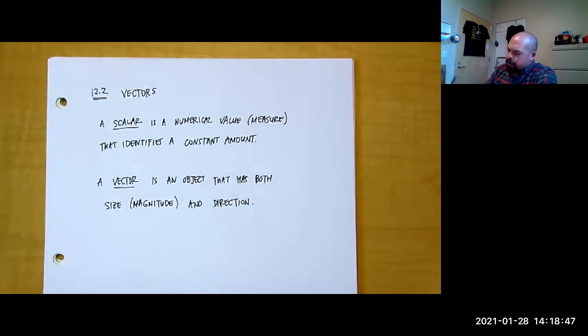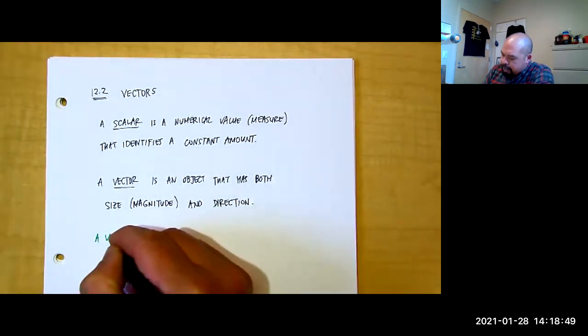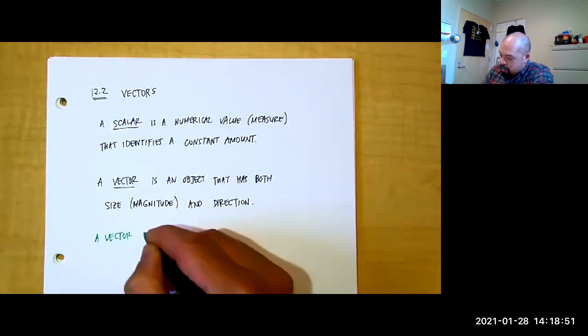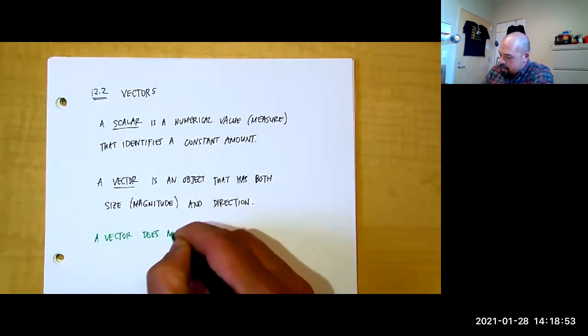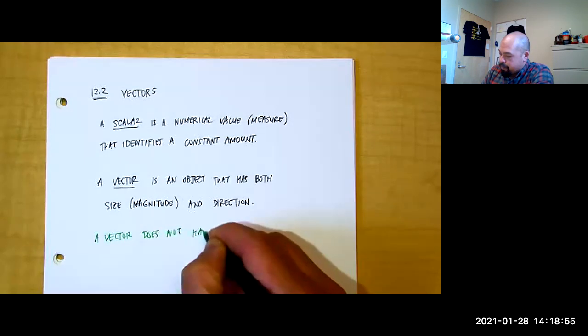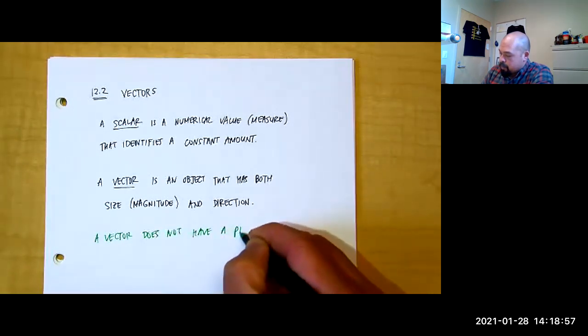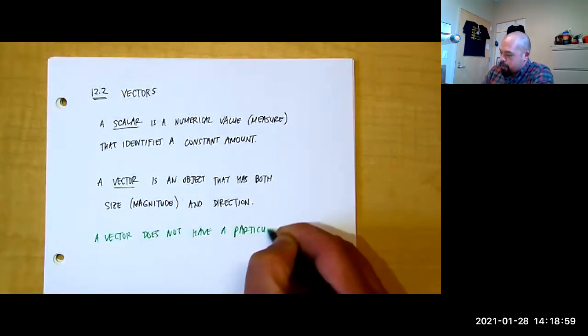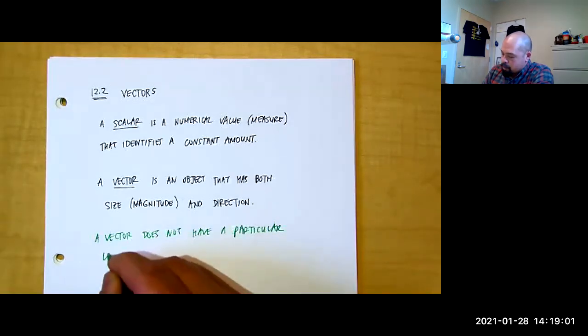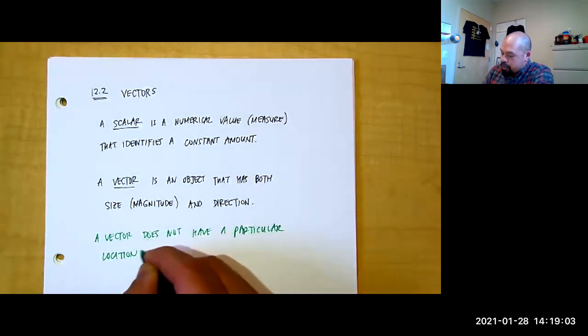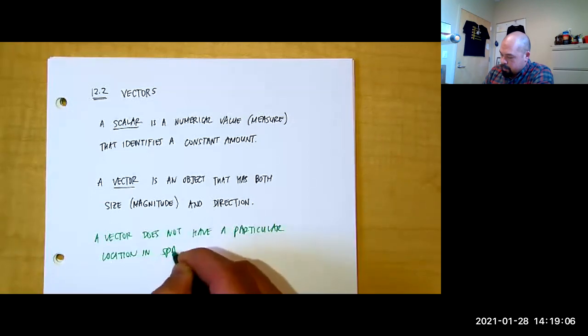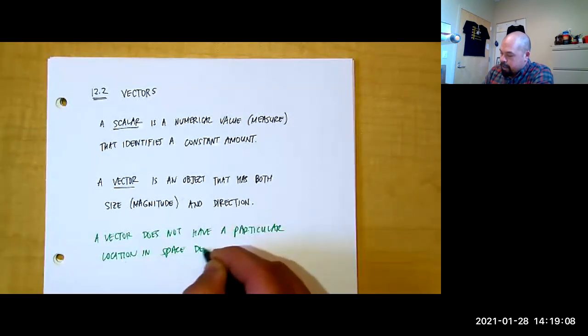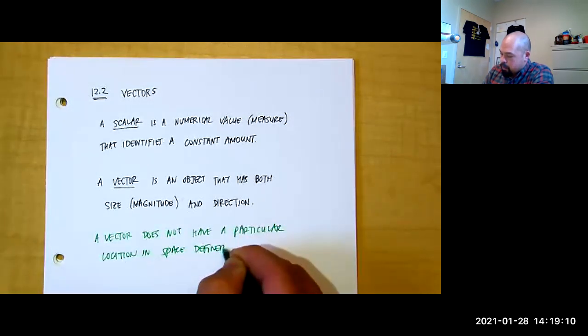And so a note here is that a vector does not have a particular location in space defined for the vector.